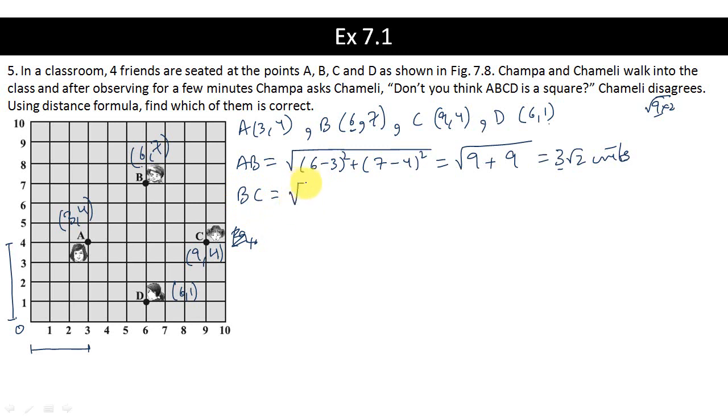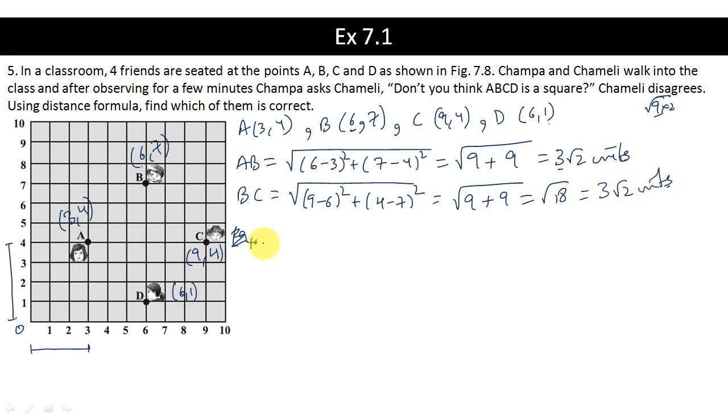Finding the distance BC, it is under root of 9 minus 6 square plus y2 minus y1, which is 4 minus 7 square. So 9 minus 6 is 3, 3 square is 9, 4 minus 7 is minus 3, square is again 9, which is under root of 18, which can be written as 3 root 2 units.